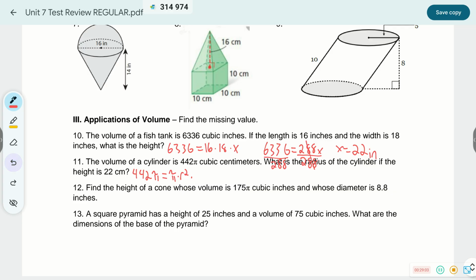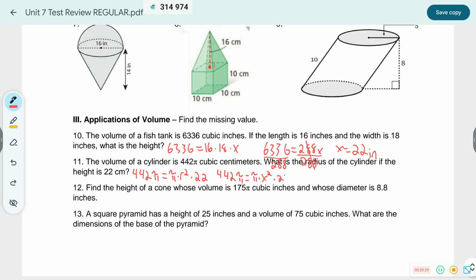Okay, so we're missing the radius, which is x. So we have 442 pi equals pi times x squared times 22.